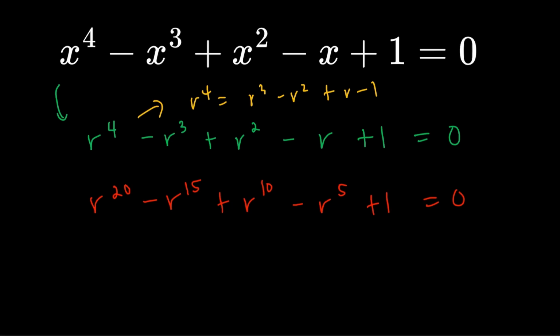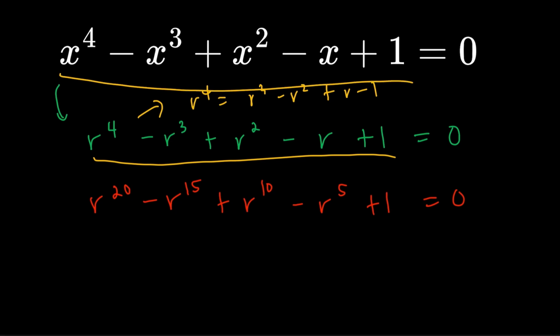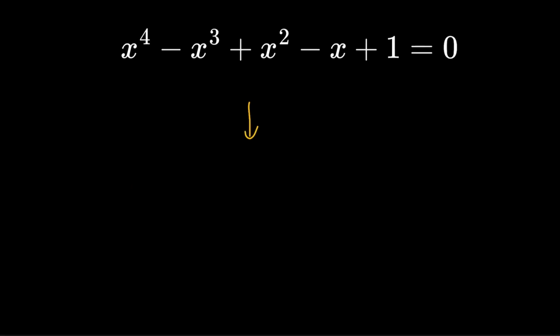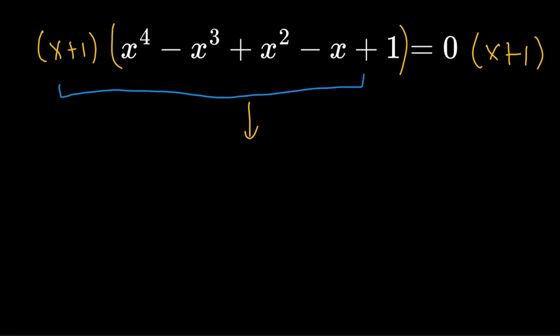For a lot of people who do much algebra, the x to the fourth minus x cubed plus x squared minus x plus 1 should be a little bit familiar, because if I were to multiply x plus 1 to this, I'm just going to multiply it to the left side, because 0 times x plus 1 on the right-hand side is technically 0 anyway. So this is simply x to the fifth plus 1.